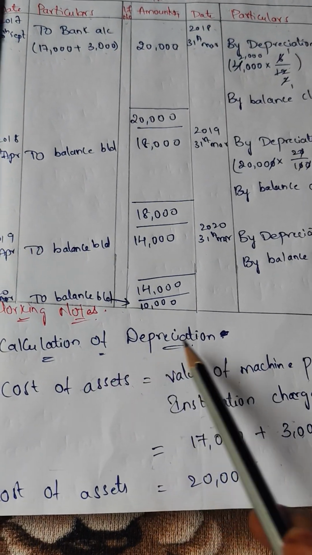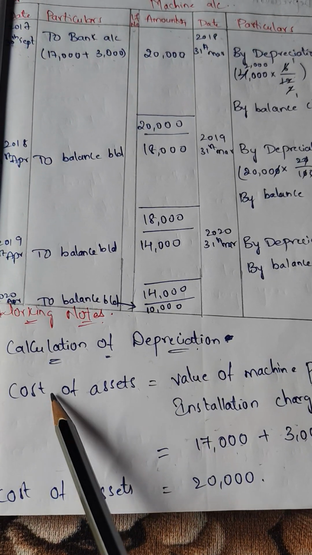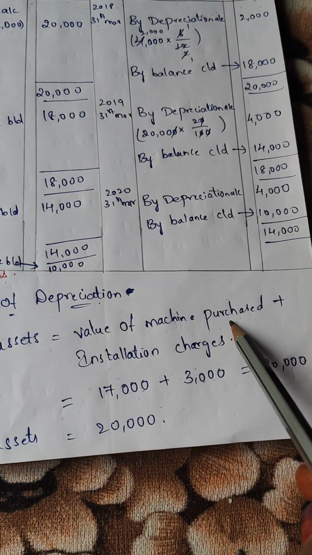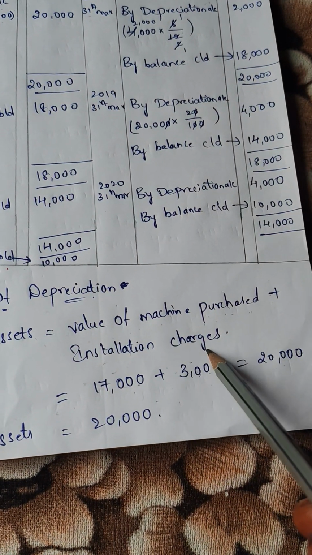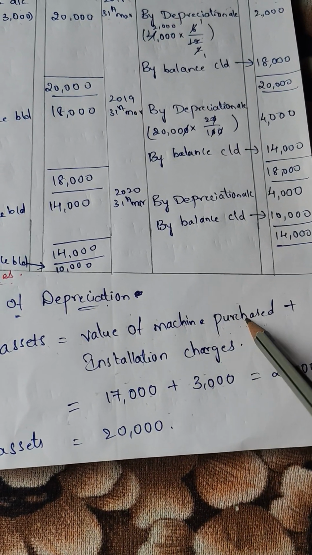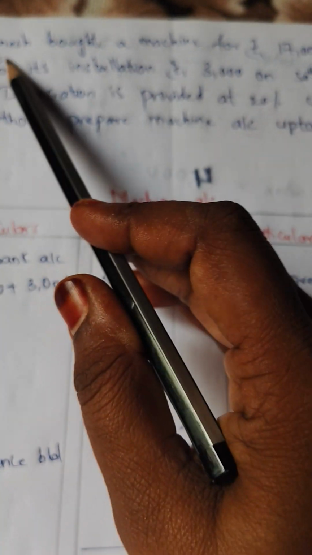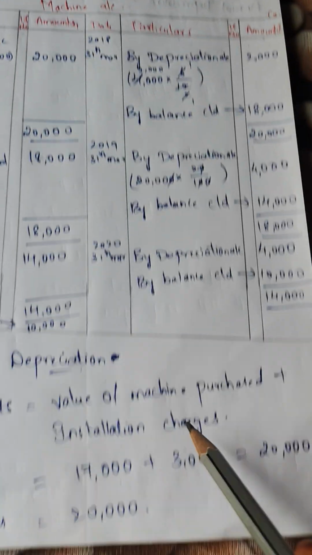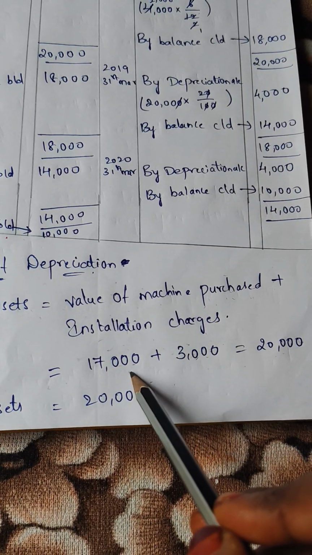See, calculations of depreciation. First we are calculating cost of assets, which is equal to value of machine purchased plus installation charges. This is our formula. For value of machine purchased, see here, Ganesh bought a machine for rupees 17,000. So the purchasing amount we have to write is 17,000.